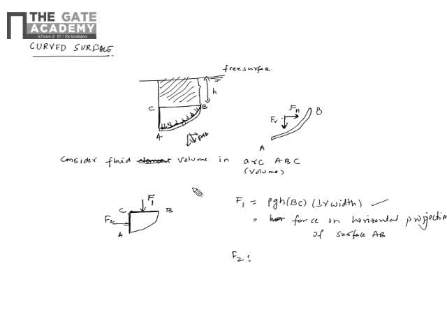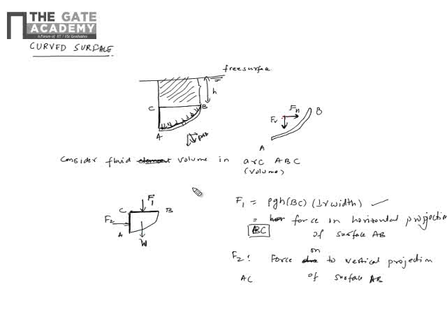F2 is the force on the vertical projection of surface AB, which is nothing but the force on AC. So this is the force on BC and this is the force on AC. You got F1 and F2, the forces due to the fluid outside this volume, and you have the weight of the fluid inside this ABC.